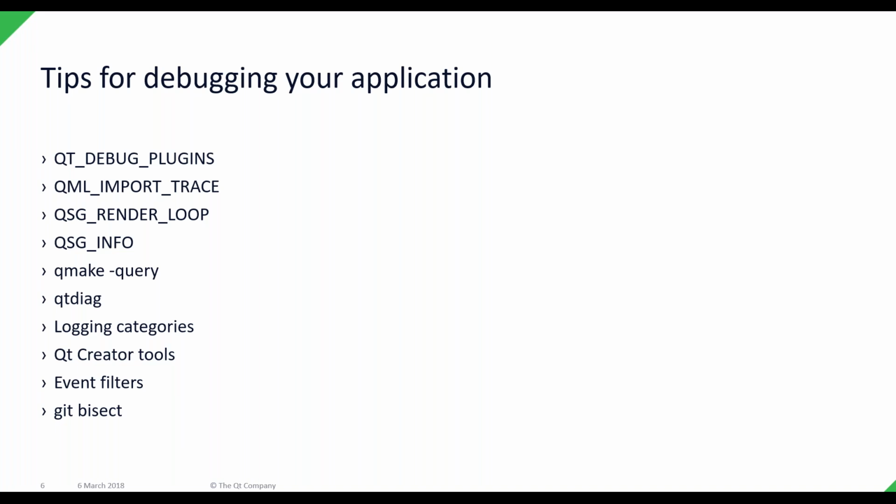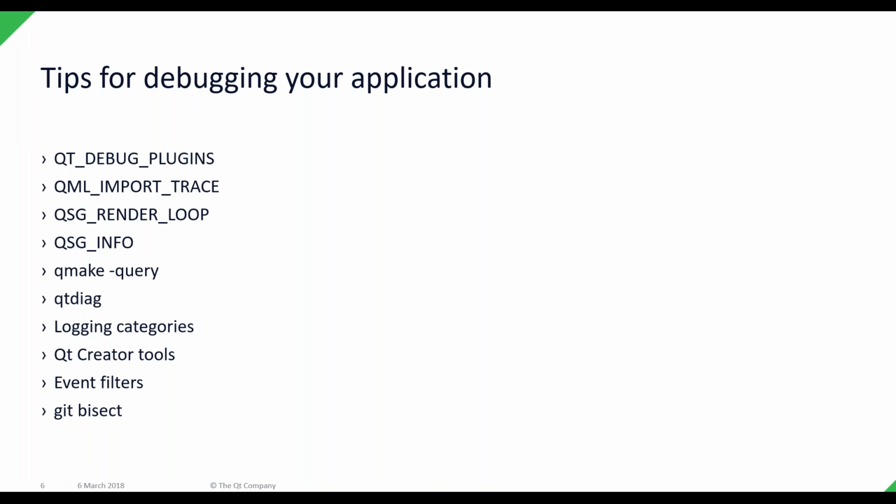We have logging categories, which you may have heard of, using QLoggingCategory, which is a new feature around Qt 5.5, I think it was. These can be enabled to get extra information about that particular module in Qt when the application is running. For example, we have one in the QPA plugin, qt.qpa.gl, which will list information about the OpenGL capabilities and what support is available when the application is started.